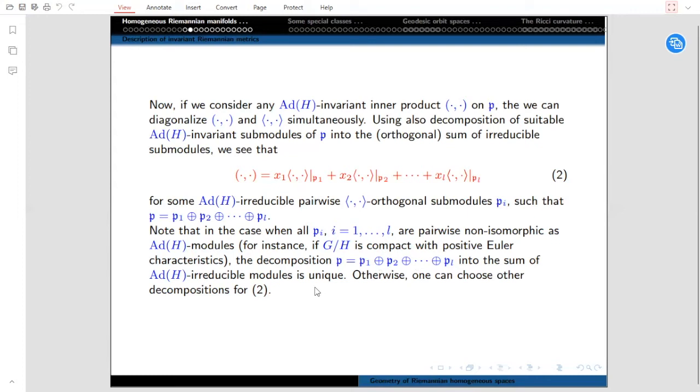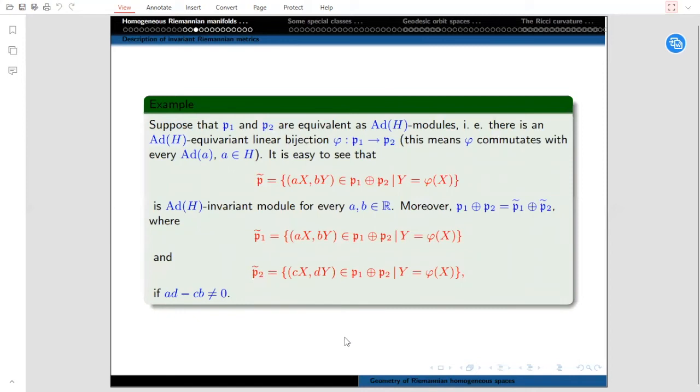I recall that spaces of positive Euler characteristic are very special because many calculations are simplified in this case. This is one of the reasons for this fact. Okay. Now, an example.